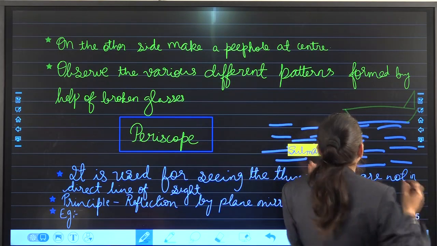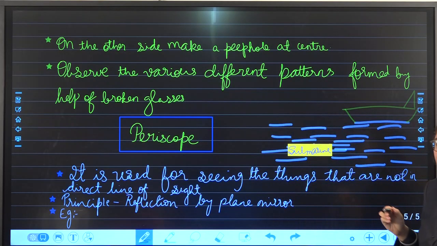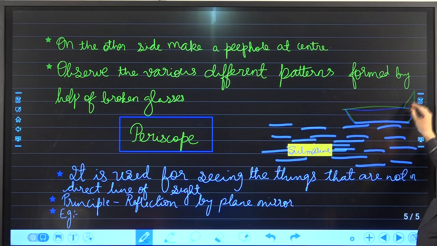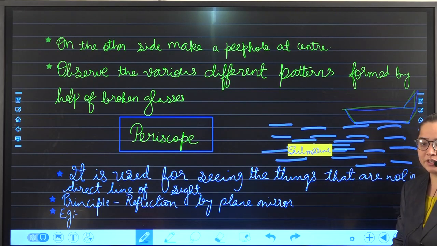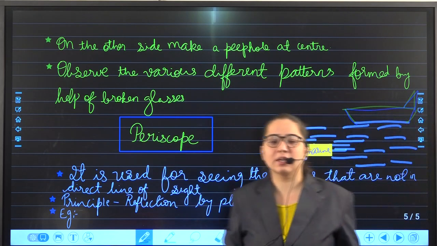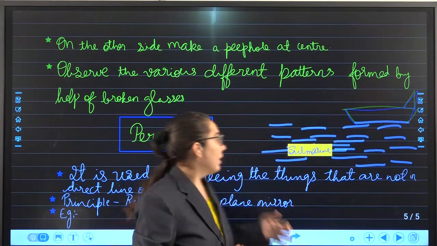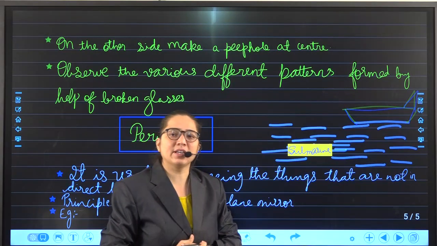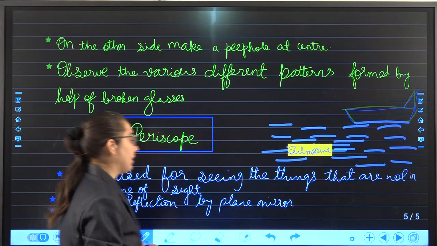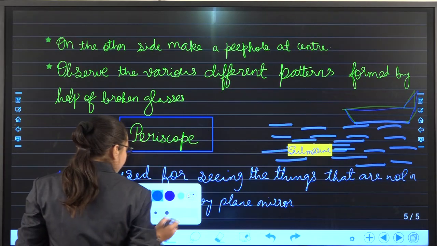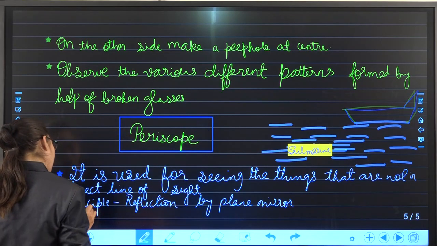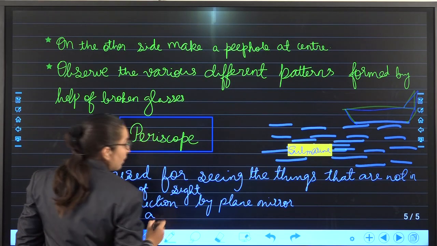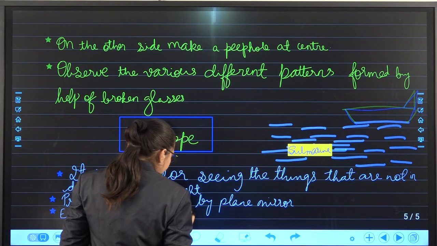Now from the submarine you want to observe this ship. How can we observe it? We can observe it by using a periscope. Directly it is not in its line, it is above it. So it is used for seeing the objects which are not in direct line of sight. I hope you are clear with the content now. For example, to watch a ship from a submarine.